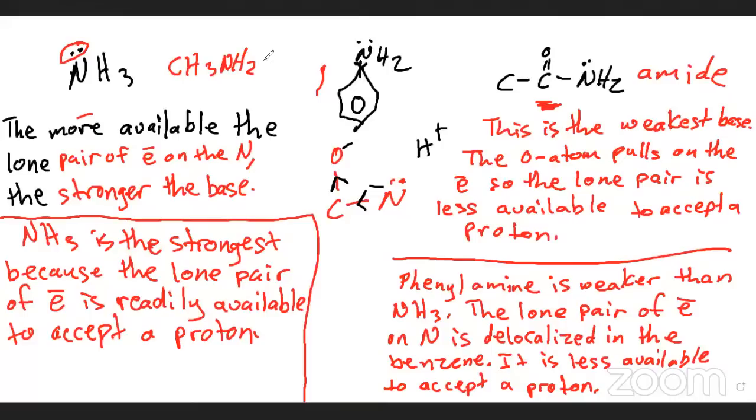This one here, it is better than ammonia, simply because it has electron releasing group. All right, so this is better than ammonia. So if you get an alkyl amine, it is better than ammonia. All right. So what I'm going to erase here, and you just make a note of it because you can get it. All right.